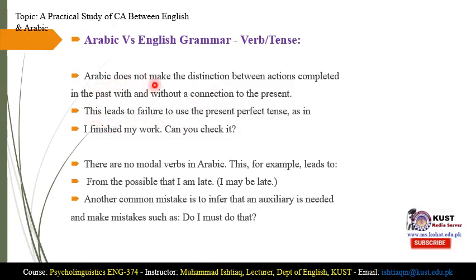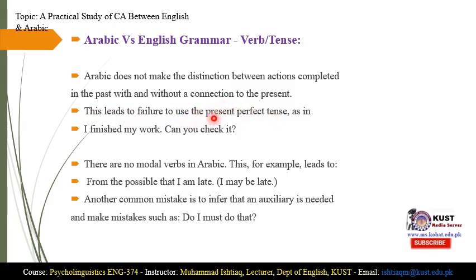When they don't distinguish between an action completed in the past and an action completed recently, it also has repercussions for Arabic speakers of English. What are the repercussions? This leads to failure to use the present perfect tense. Why?